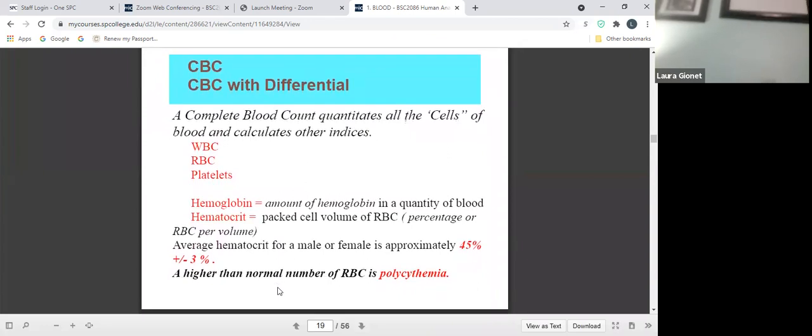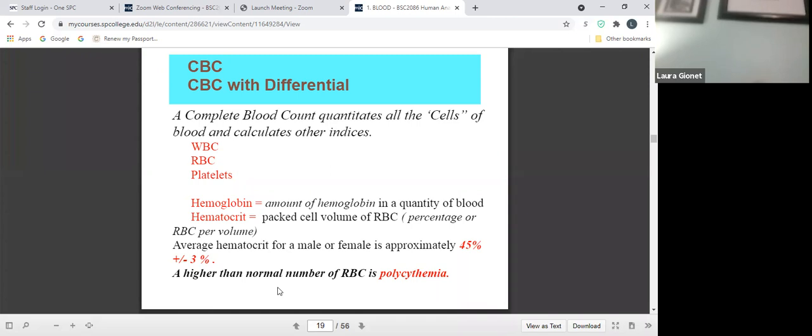A CBC and a CBC with a differential. So a CBC means it's a complete blood count, which quantitates all the cells of blood and calculates other indices as well. If you've never looked at the results of a CBC with a differential of your own, maybe of a parent or a sibling, or even your pets, you can get copies of the blood work that gets sent in for them.